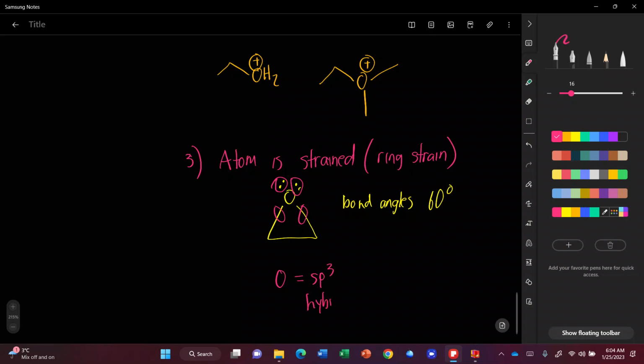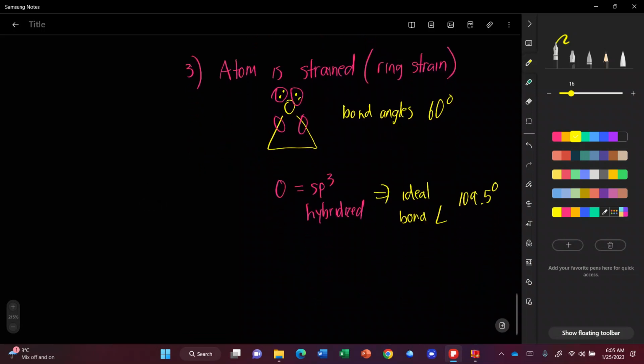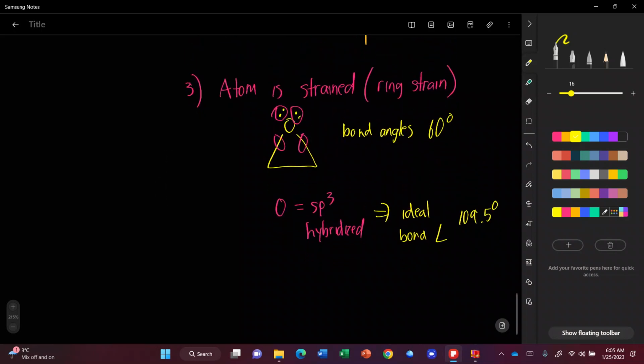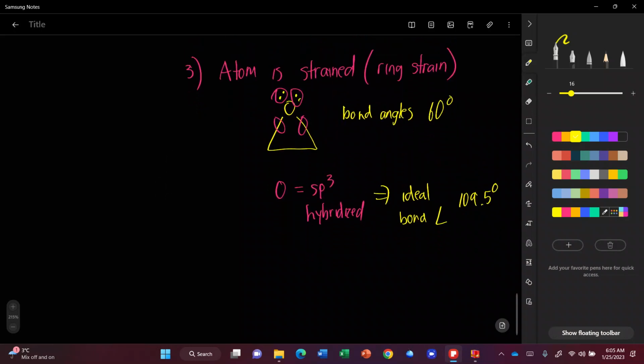Now, one thing that I didn't talk about in this video, but hopefully you remember from Gen Chem, is that if something is sp3 hybridized, the ideal bond angle for an sp3 hybridized thing is 109.5. So if this oxygen wants to be 109.5 degrees bonded, and it's 60 degrees, that oxygen is really, really, really not super thrilled.